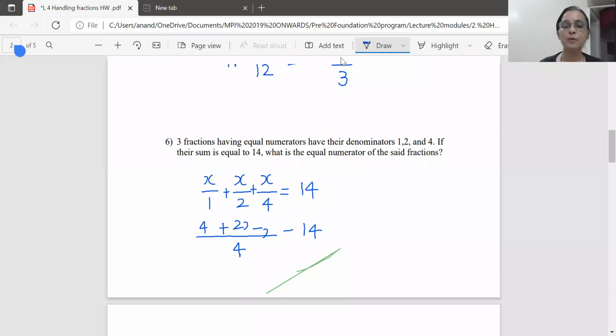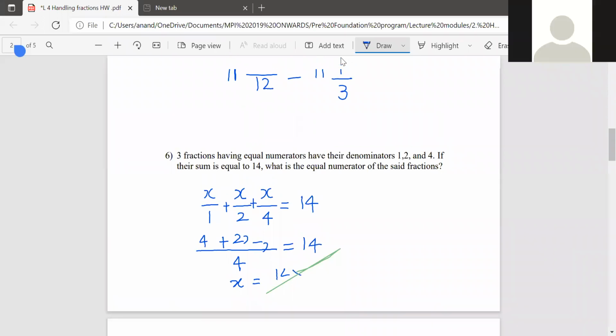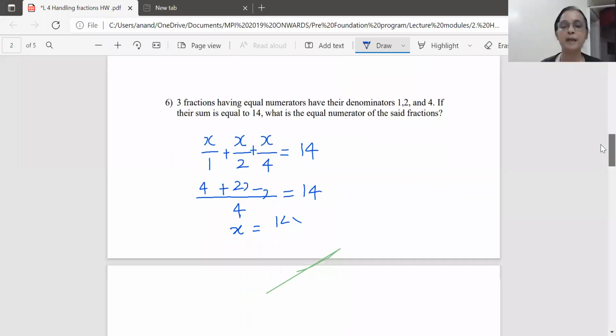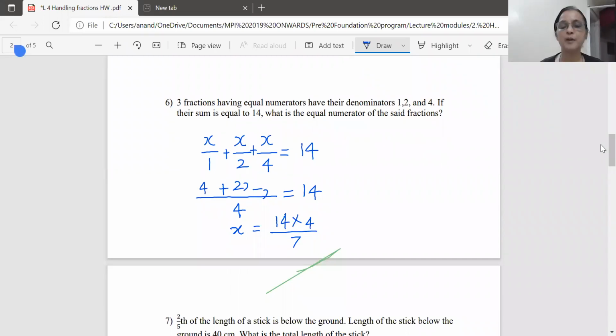So x will be 14 multiplied by 4. I have taken this 4 on the other side. Denominator becomes numerator. Multiplied by 4 and divided by 7. That will be 7 twos are 14 and 4 twos are 8.